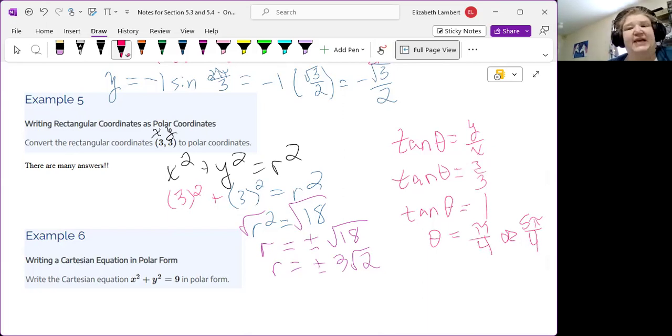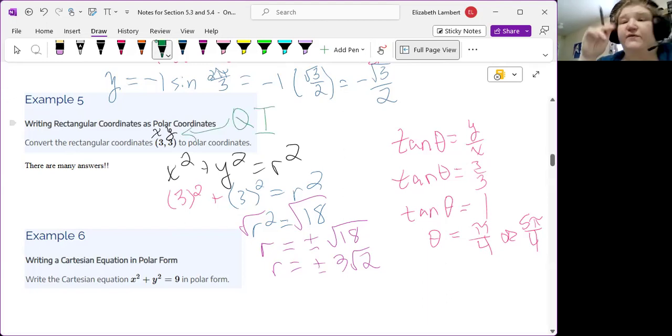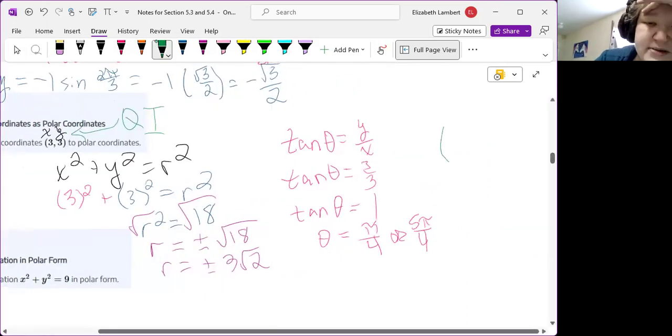So I have two different thetas and two different radii, and I have to pick a set that will actually go to the correct spot. So the point 3, 3 is in quadrant 1. If I pick my small positive angle and my positive radius, I will go there. So that is one of our answers: 3 square root of 2, pi over 4.